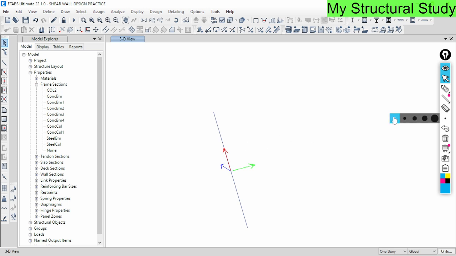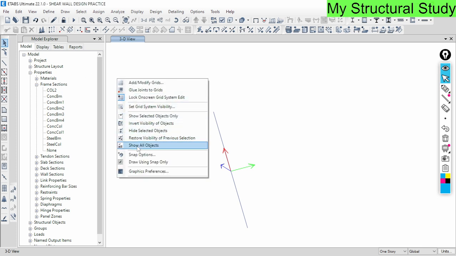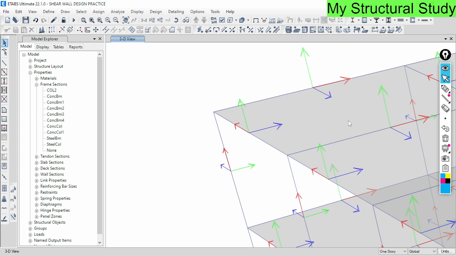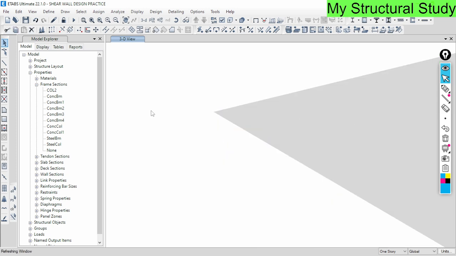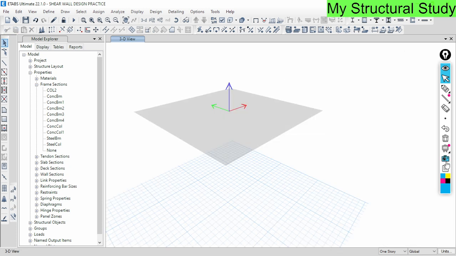This is the 1 axis, 2 axis, and 3 axis. RGB. Now if I select the slab, you can see this is the axis 1, axis 2, and axis 3.